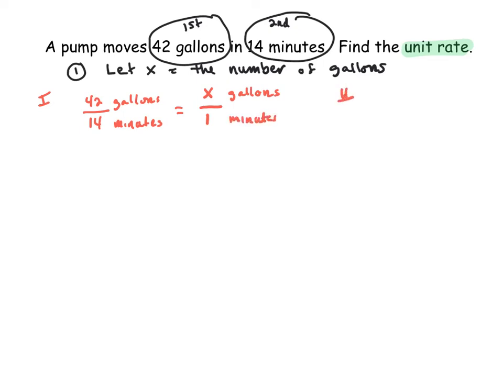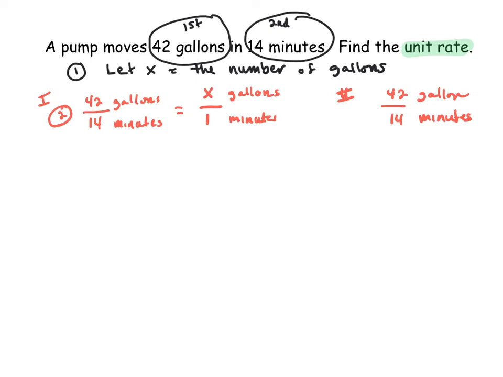If you're going to use the shortcut, you would just take 42 gallons and 14 minutes. You still want to label if you're going to use this method.